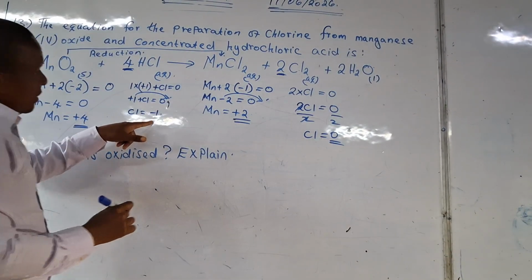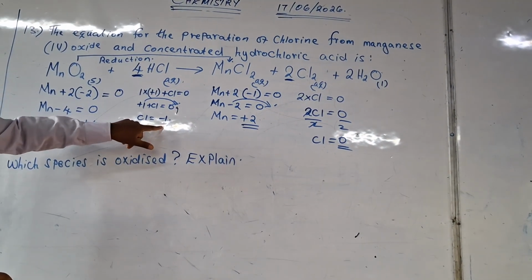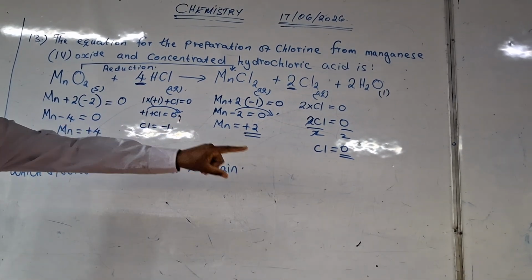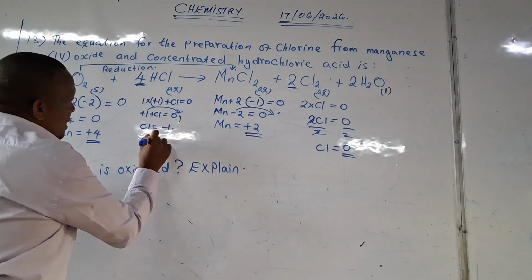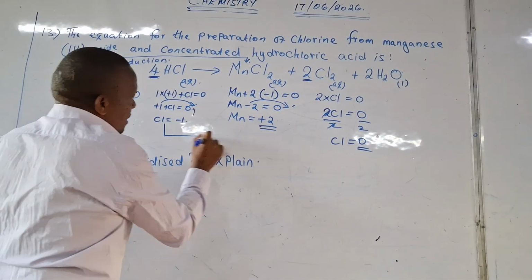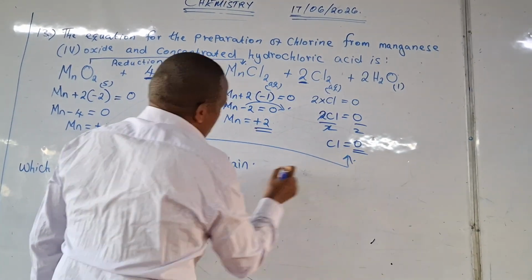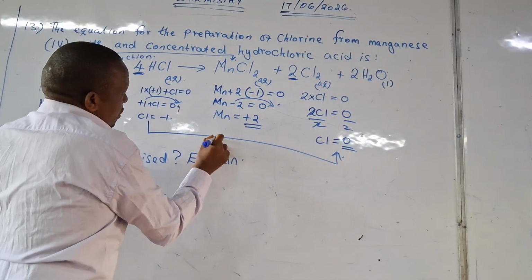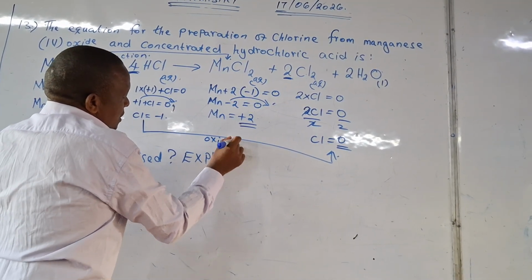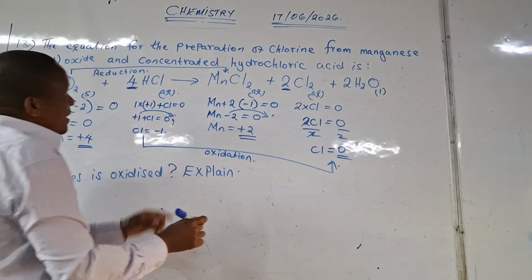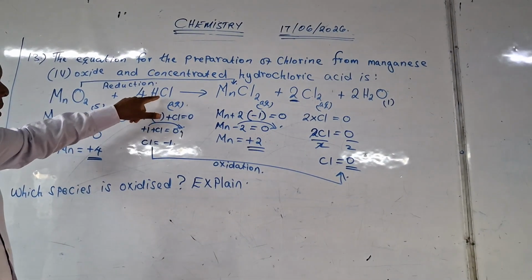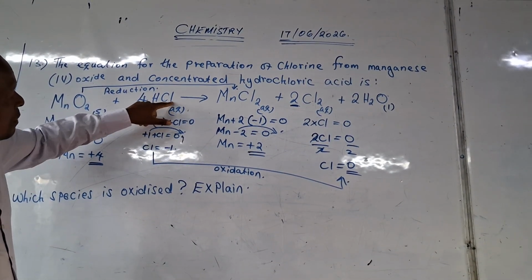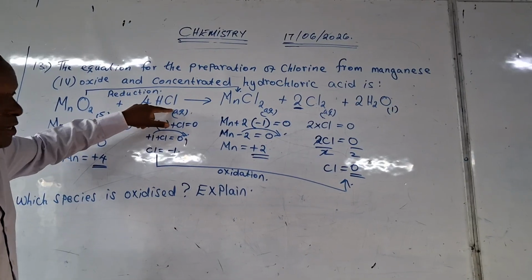What has happened to chlorine? Oxidation number has increased from -1 to 0. So what has occurred here in chlorine, in hydrochloric acid? Oxidation. So here oxidation has occurred. I hope you have realized it is the whole of this compound. Now chlorine is representing hydrochloric acid.